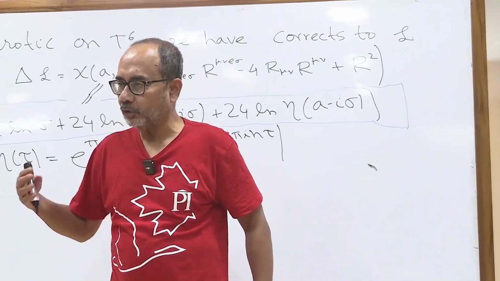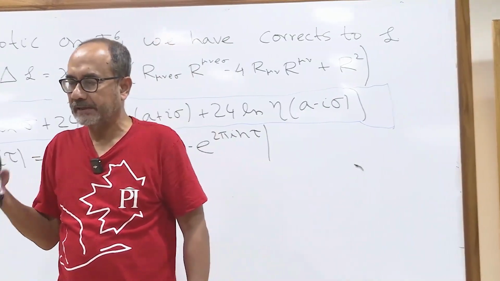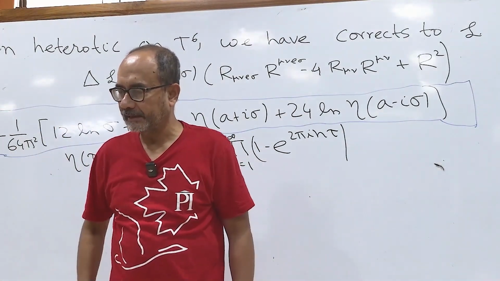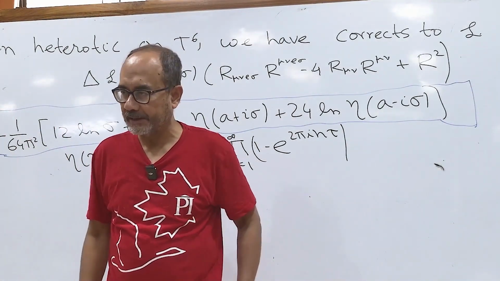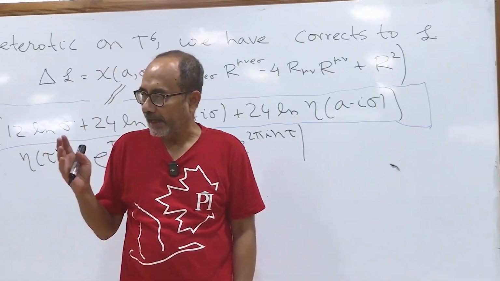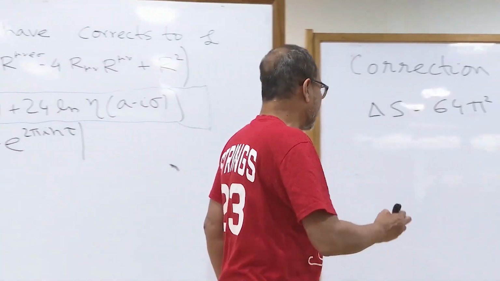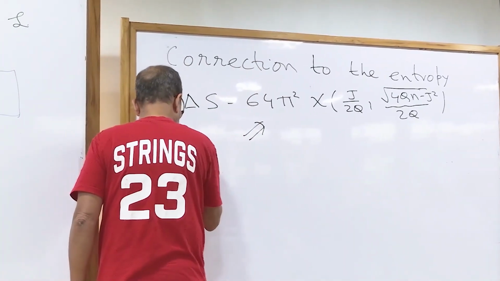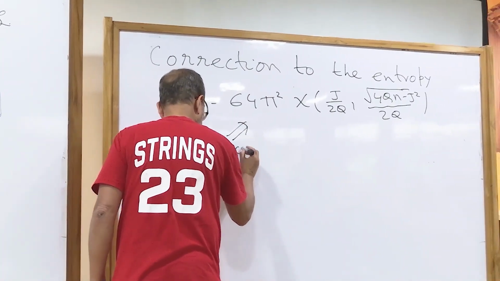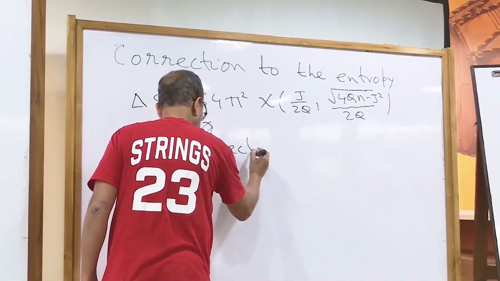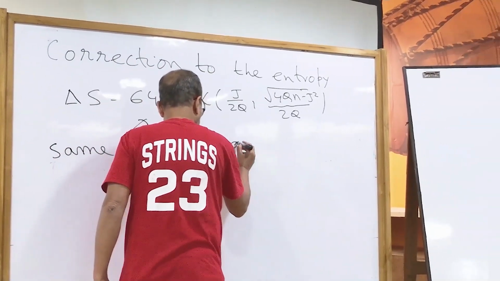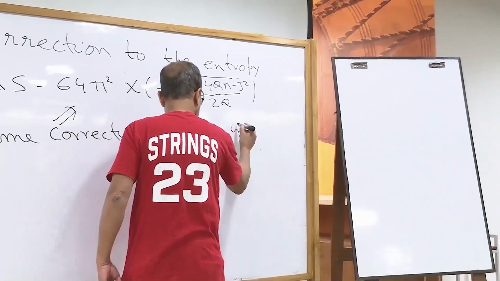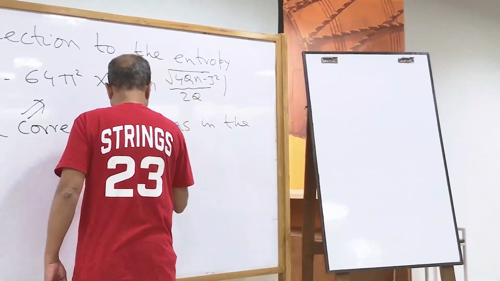So to calculate corrections to this, you have to take the same steepest descent contour, but start calculating the corrections to the steepest descent results, which is to do the integral around the steepest descent contour. And when you do that, you find that exactly the same correction appears in the counting formula.